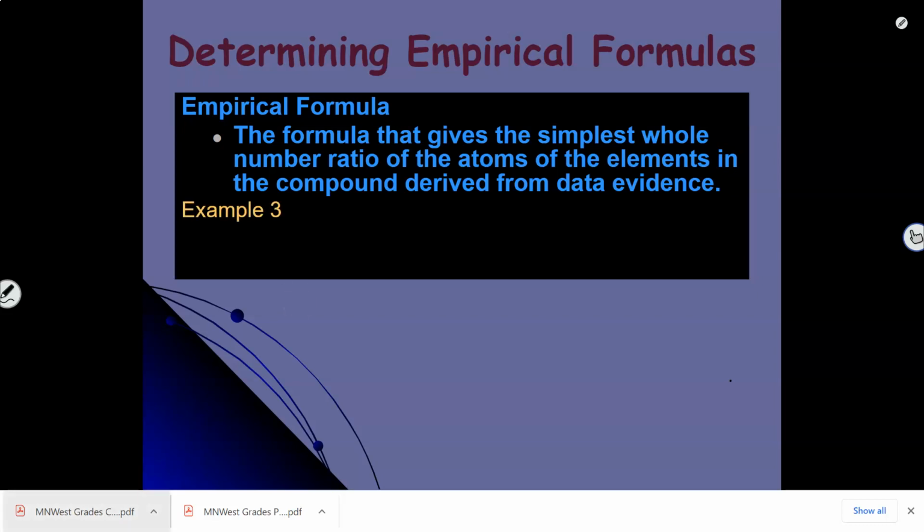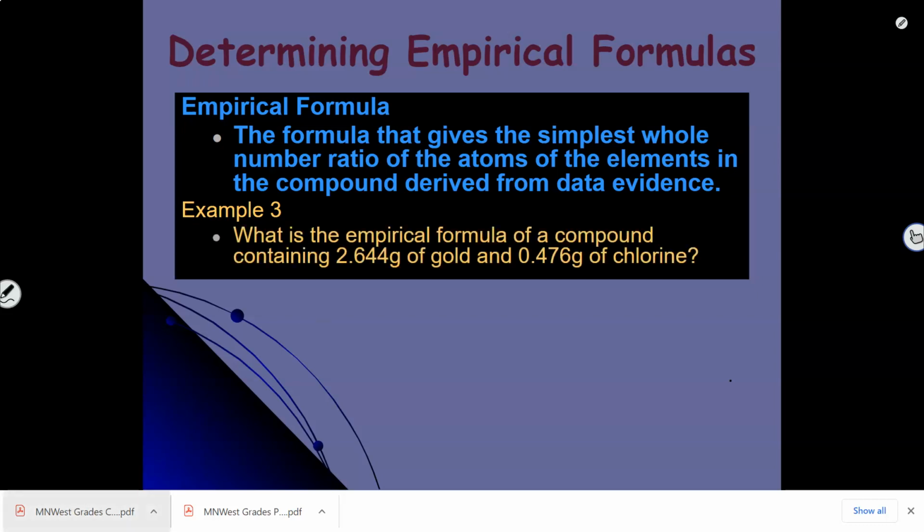My first example: what is the empirical formula for a compound that contains 2.644 grams of gold and 0.46 grams of chlorine? Remember, when we want to compare one substance to another in chemistry, we always need to convert to moles, because moles relate particles, and that's how substances react to each other. It is particle by particle.